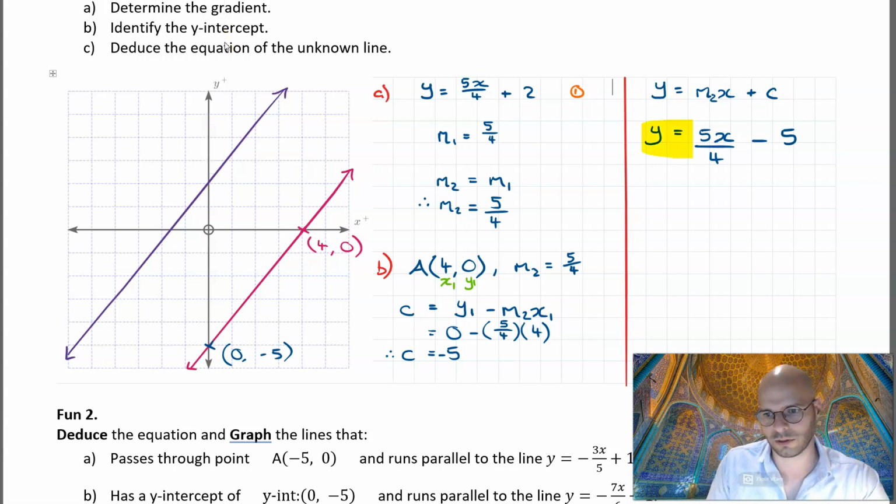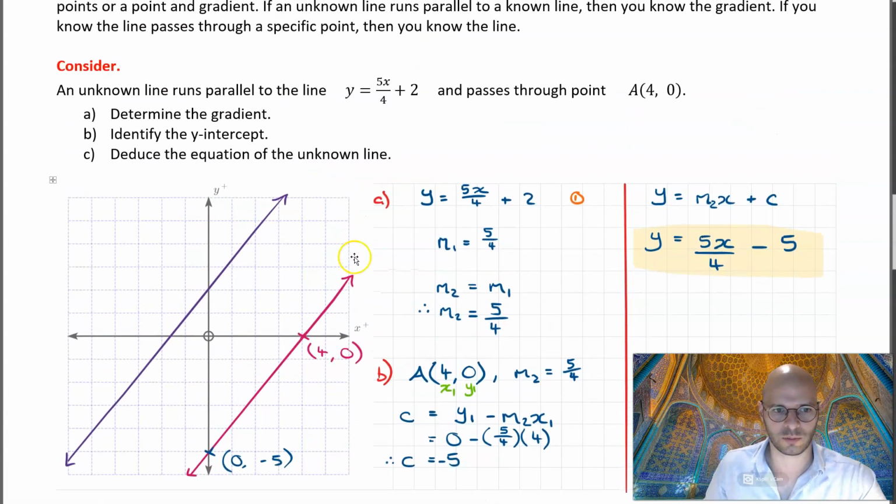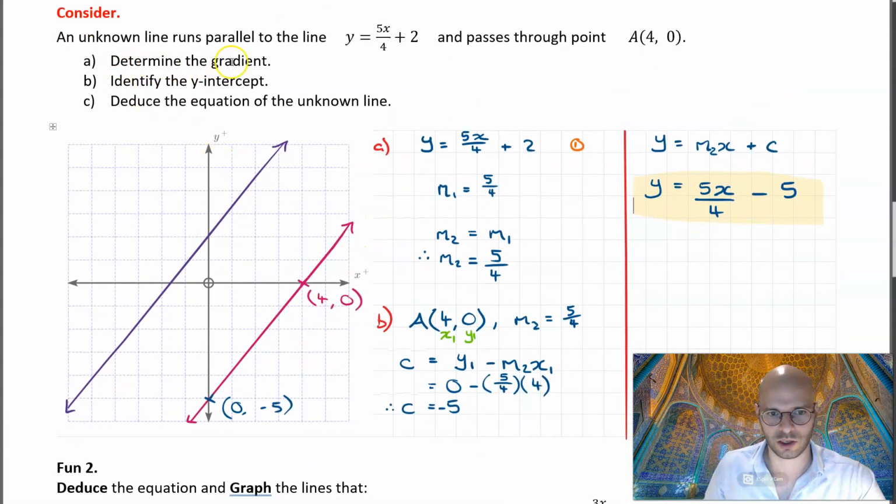So what we've been able to do here is, firstly, determine our gradient simply by taking it from the line that we know we run parallel to. Secondly, we determine our y-intercept. We do this by rearranging our slope-intercept form to solve for the c, so the y-intercept, and we plug in our point A, which we know we run through, and we plug in our known gradient here.